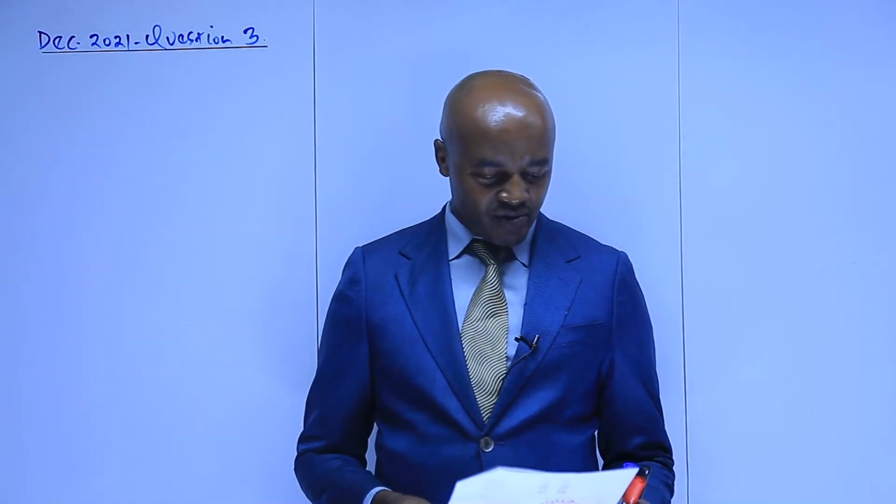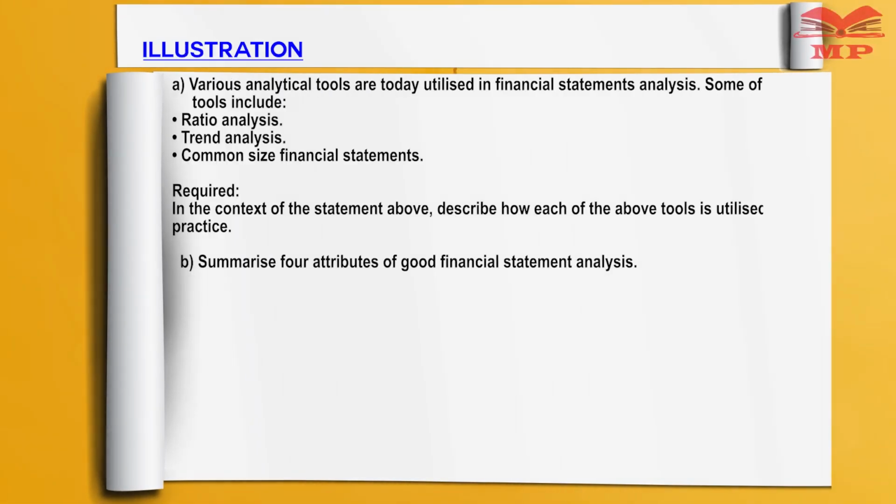Question 3 of December 2021 reads, various analytical tools are today utilized in financial statement analysis. Some of these tools include number 1, ratio analysis, number 2, trend analysis, and number 3, common size financial statement.